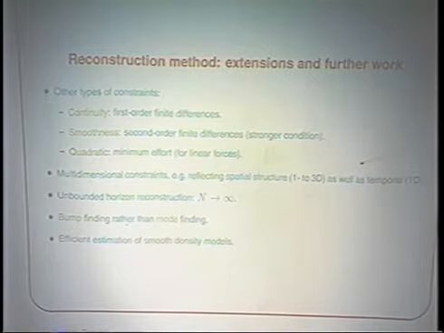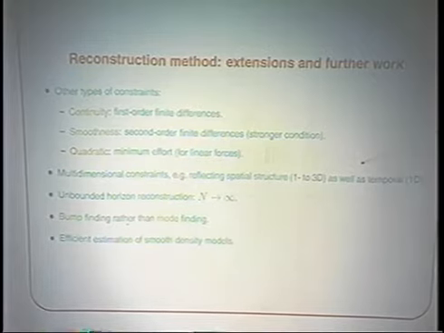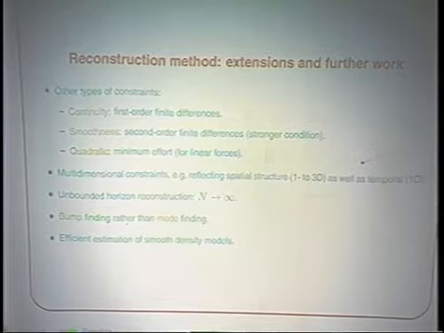The quadratic constraint has been used in other methods for the articulatory mapping, where you can assume that the potential energy of a Hooke spring is quadratic. It has an equilibrium position, and the farther you go from it, the higher that energy is. So you want to minimize the energy. That means that the articulators are going to use minimum energy, so minimum effort for linear forces, and then you can use that as well.